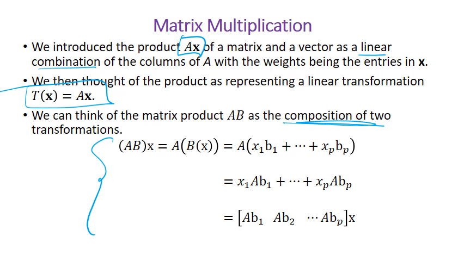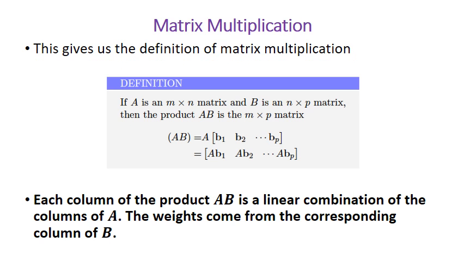So this leads us to the next slide, which provides us our definition, which is written here. So basically, you can take A times each column of B, and then it's multiplication. I think this here sums it up.